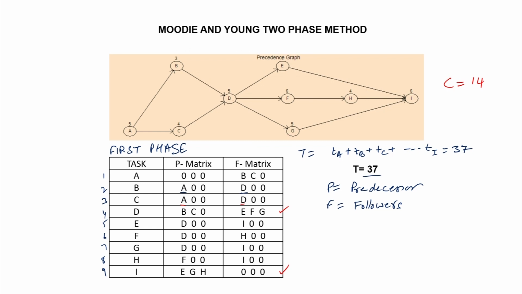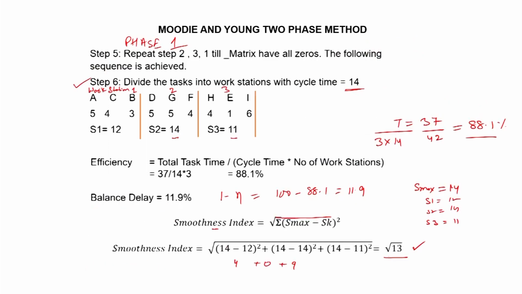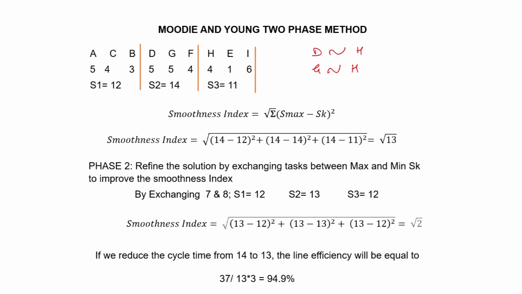We can do that change transformation, and with the help of that, if I am able to make one interchange, so that this has 13 and this has 12, then my S max will be 13 time units.